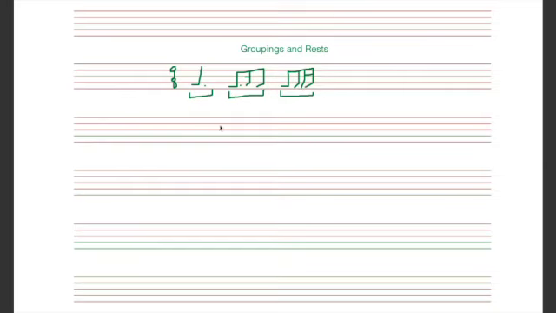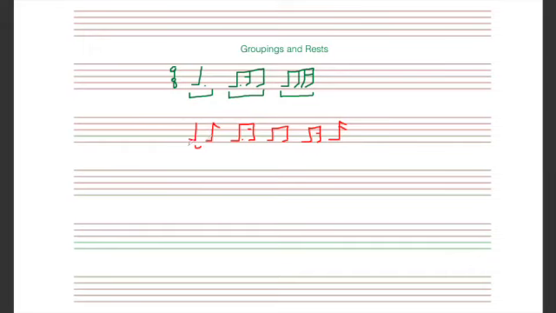Let me give you a wrong example of this. So a wrong example might be, okay, so those are the exact same rhythms or note values, just written in a different way. And you can see it's very disorganized. At first glance, we have no idea what on earth that is.